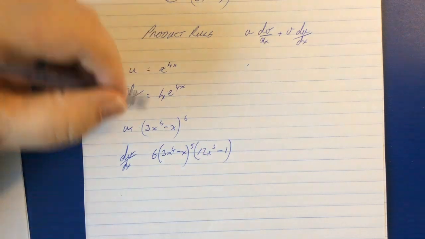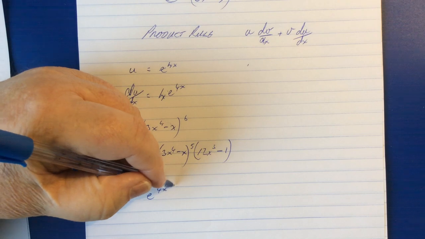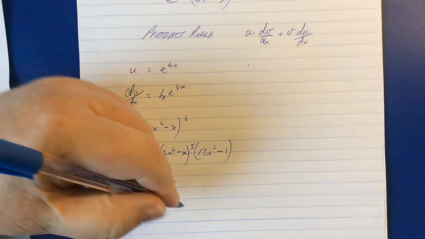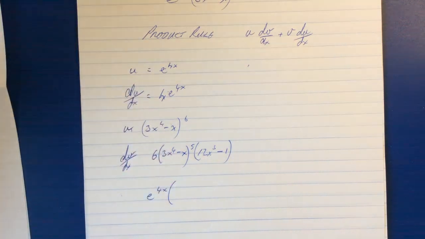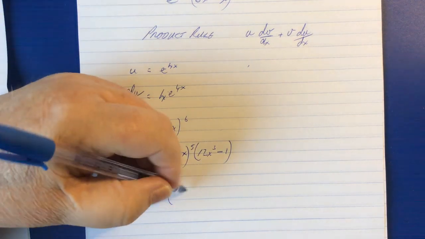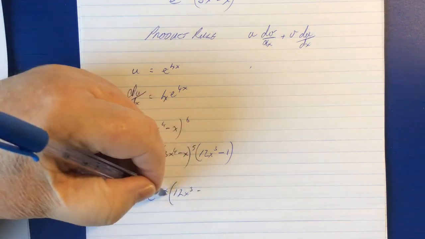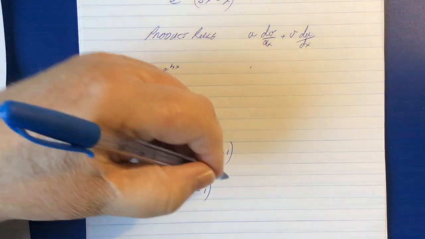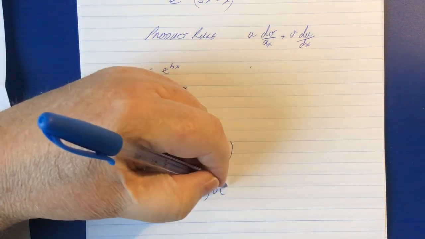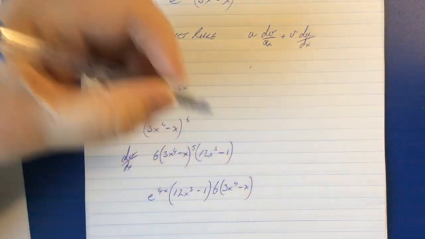So let's start out with u. That is e to the 4x. And we multiply that by dv/dx. So that is going to be, just for the sake of convenience, we'll write it this way: (12x cubed minus 1) times 6 (3x to the 4 minus x).